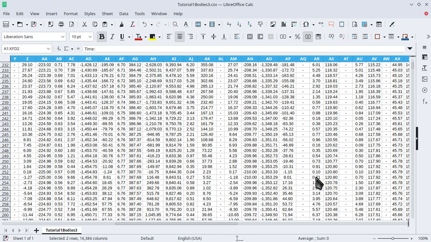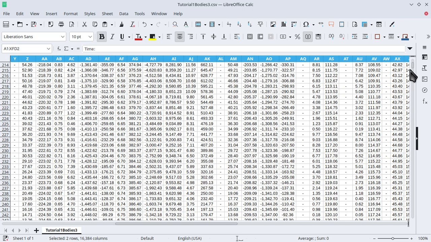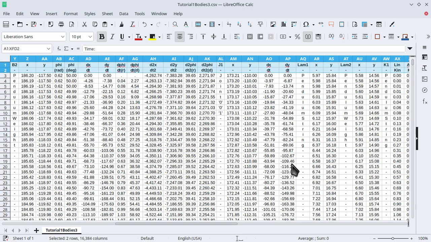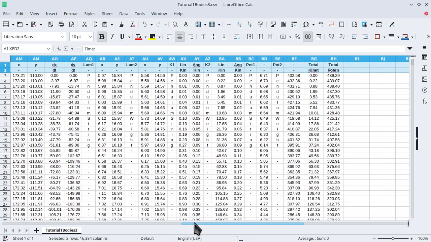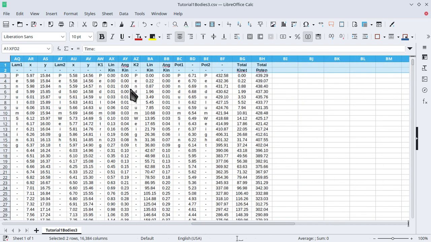So in other words, when the pendulum is hanging straight up and down, there's a lambda that is pointing straight up. Okay, just as a double check of whether lambdas look good.